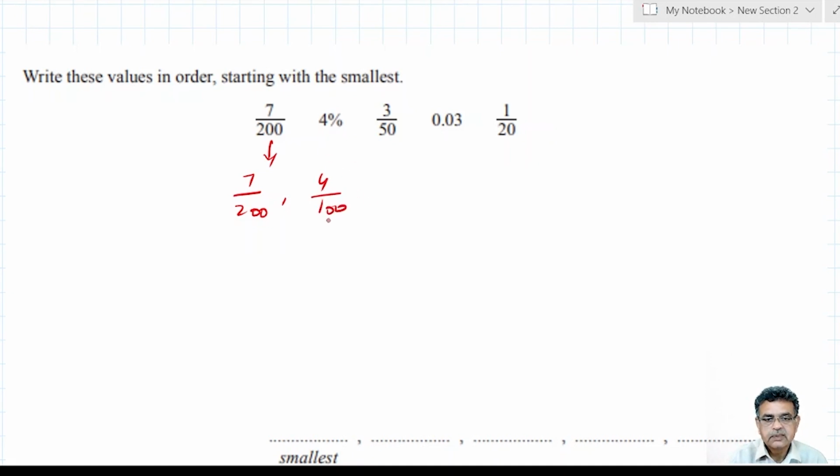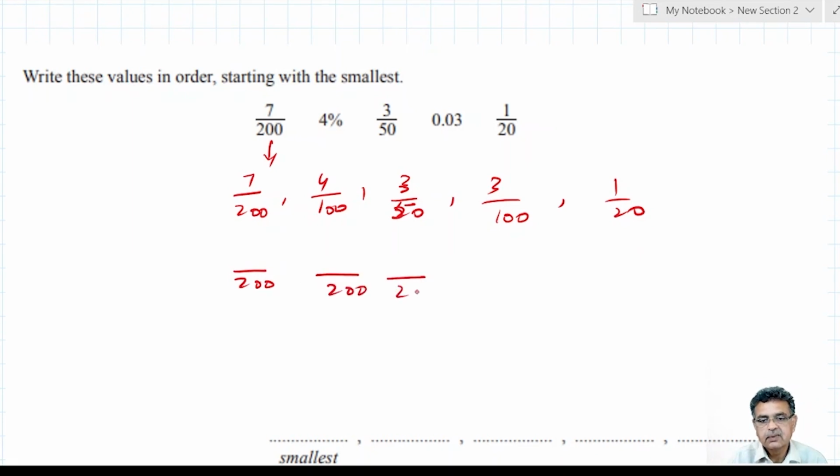Now 4% means 4 over 100, 3 over 50, 3 over 100, 0.03, and 1 over 20. Now let's make the denominator of each of them 200.